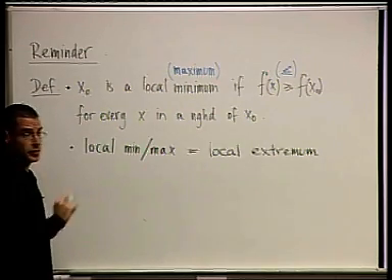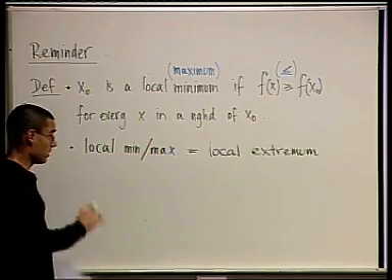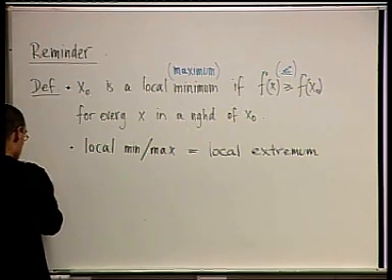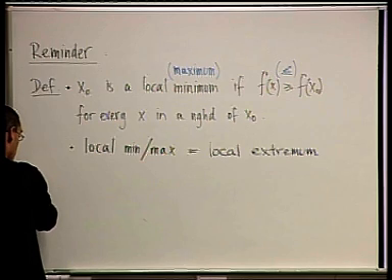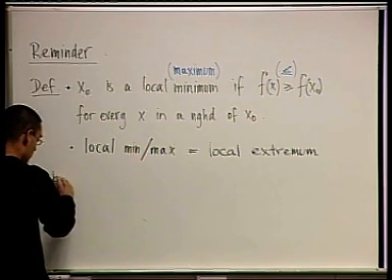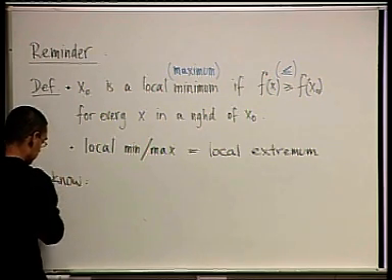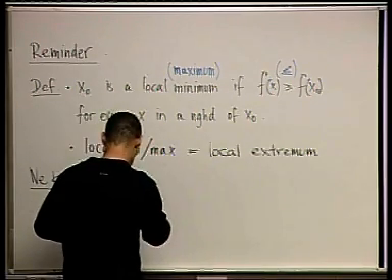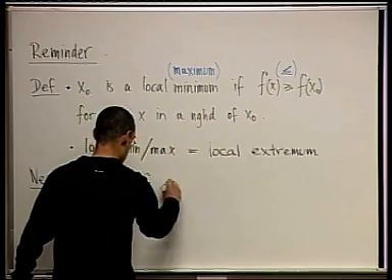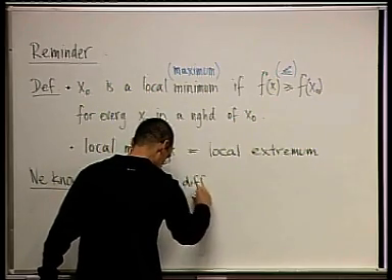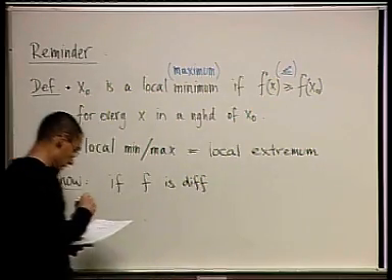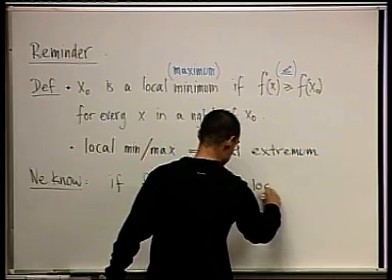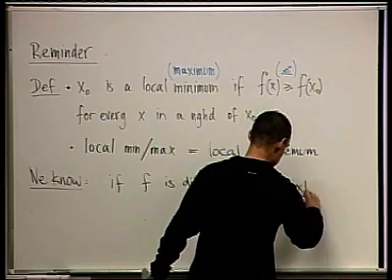And we've seen the following facts. I'm not going to write them in full detail because this is really stuff that we've seen. So we know if f is differentiable, meaning it has a derivative at a local extremum.